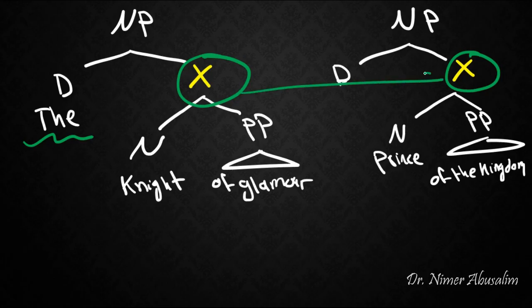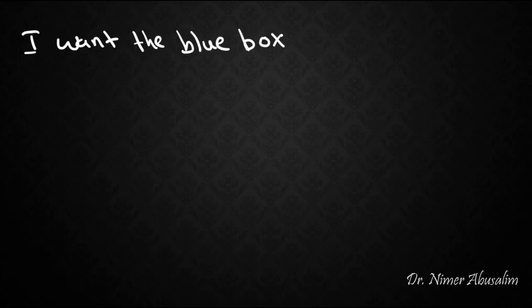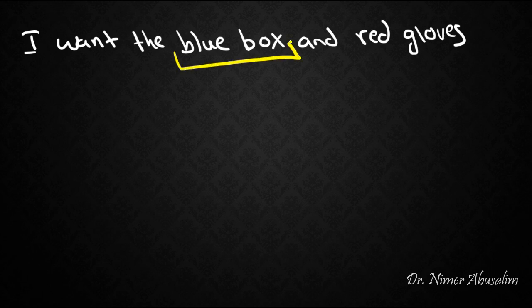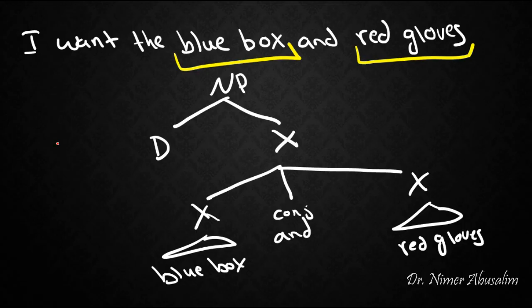Now we have two constituents that look exactly the same. They are of the same type. Again, though, here we still don't know what this type is. For now, we've been calling it an X. Here's another example. I want the blue box and red gloves. What are we coordinating here? Blue box and red gloves. To get that, we need a structure like so.